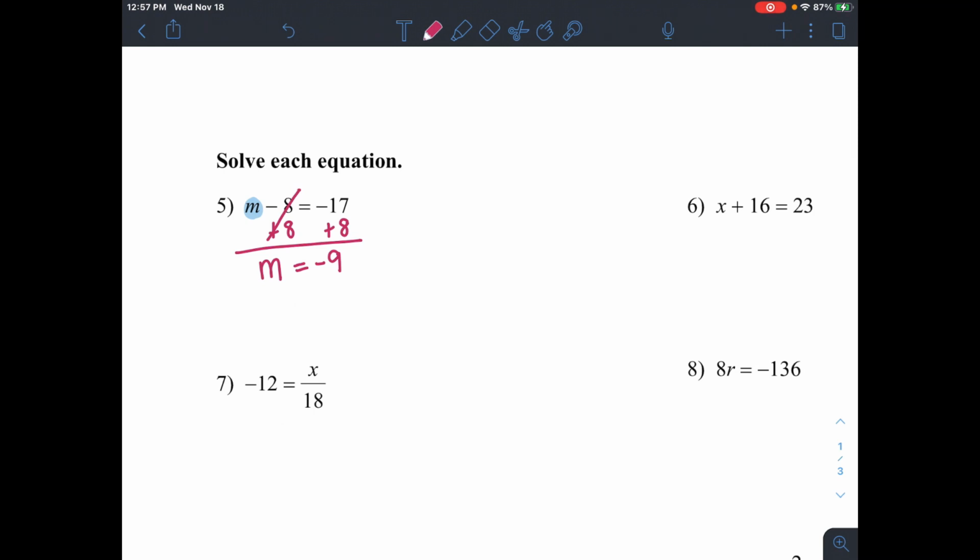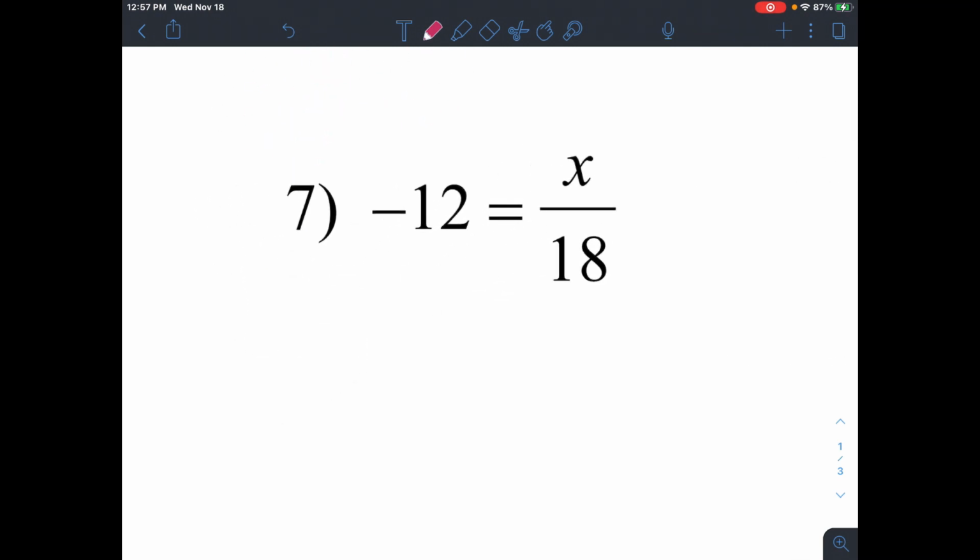Let's see, 6 was similar. Let's look at number 7. Again, I'm trying to get x by itself. Right now I have x divided by 18, and the opposite of division is multiplication, so we'll multiply 18 to both sides. The 18s will cancel out, and I'll be left with x equals negative 12 times 18.